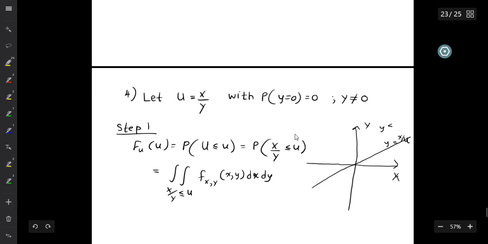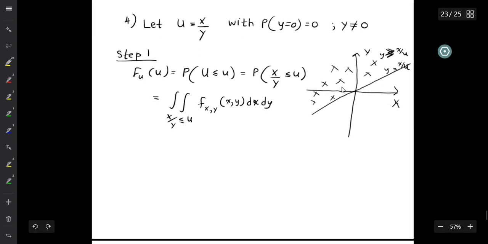If you take the inequality y less than or equal to x over u, that will be this colored area. Sorry, that will be y greater than x over u. So this is the area, and we identified the region.